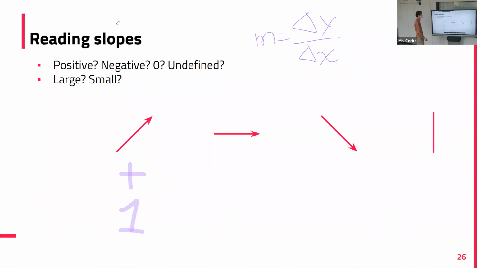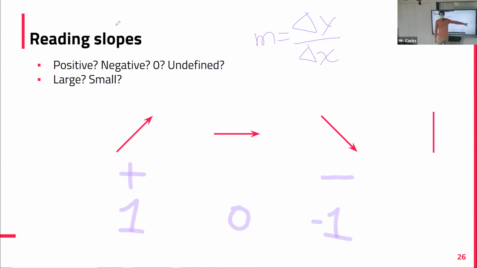That tells us it's going to be 1. What about this middle one here? 0. So it's a perfectly flat line. Our slope is 0. What about this one? All right, so it's a negative slope because it's going down, and so it's -1.